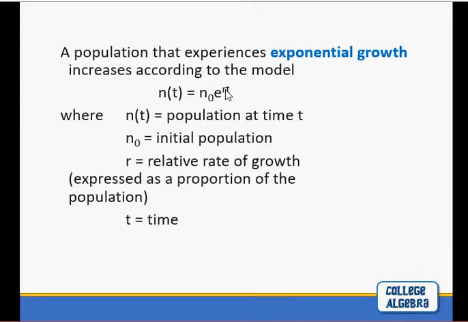And r would be the growth rate, and of course t is time, and this would give you the population after that time. So if you think about the a, b to the t model, you just replace b with e to the r, and you could figure out the appropriate r. Again, some advantages to that. When you're looking at a, b to the t, if b is bigger than 1, it grows.